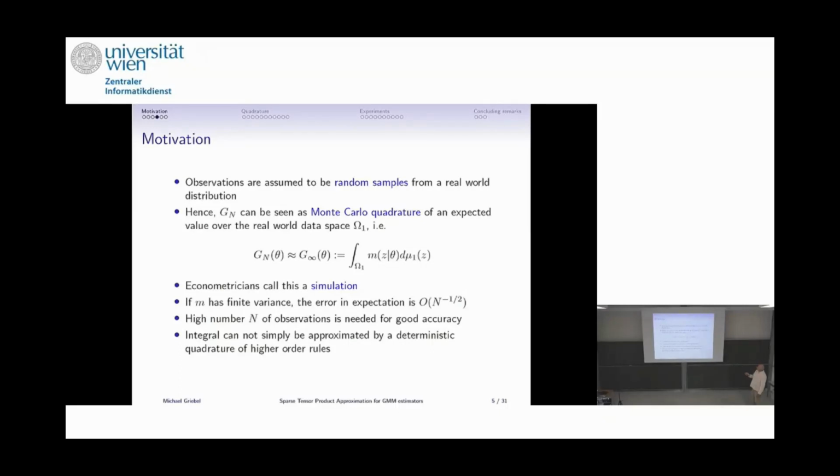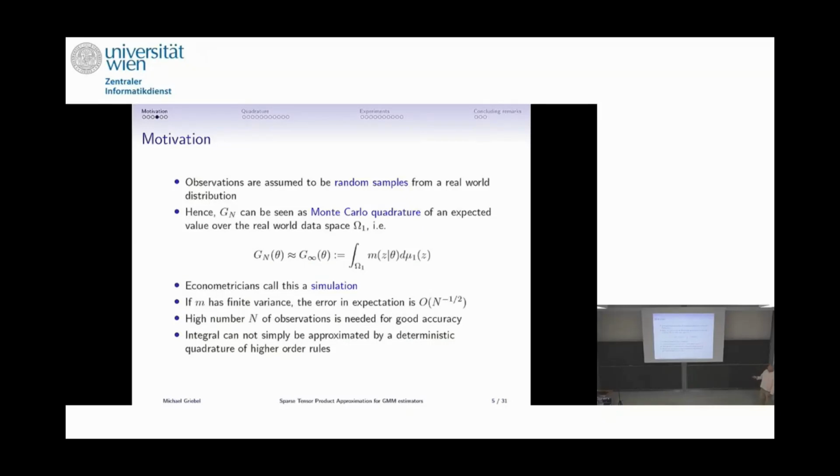So if the small m has a finite variance, we all know what's happening with Monte Carlo. N to the minus 1/2 is the rate provided that the variance is finite, and we have to have a high number of observations for a sufficiently good accuracy because the minus 1/2 is not very fast. Okay, it's all known.